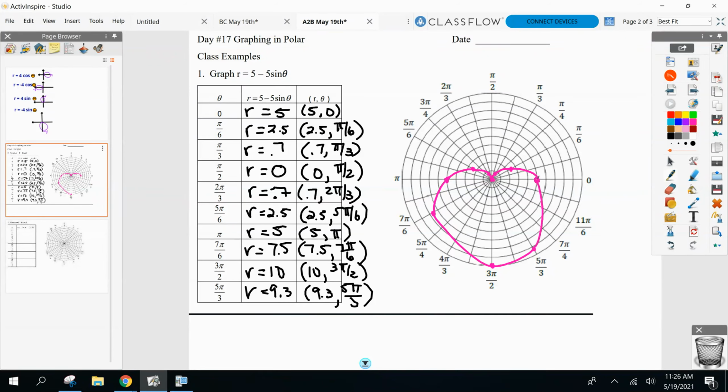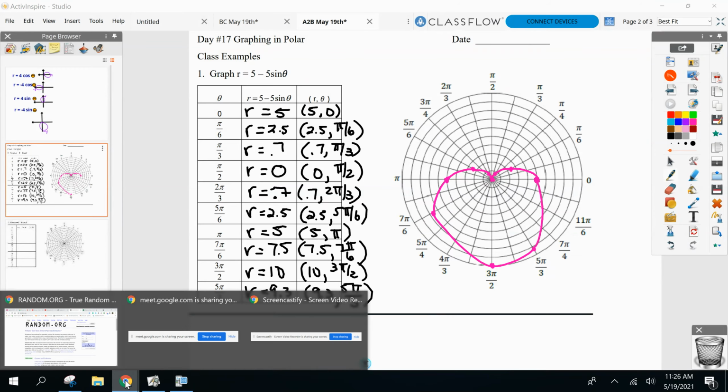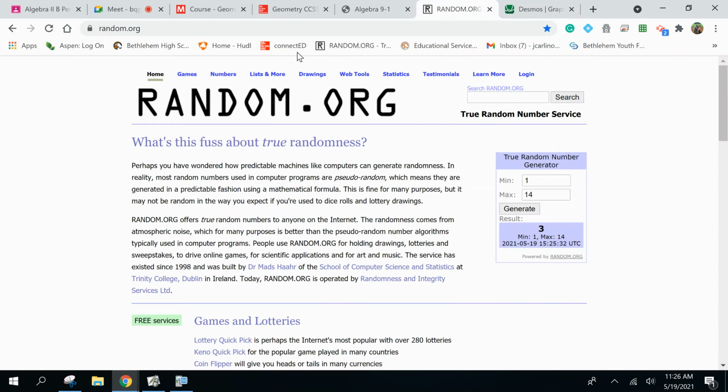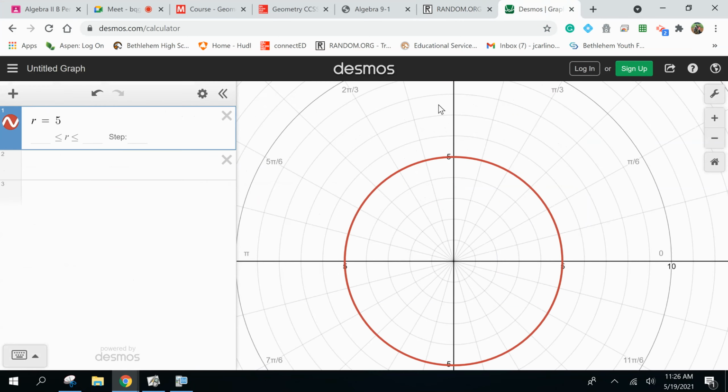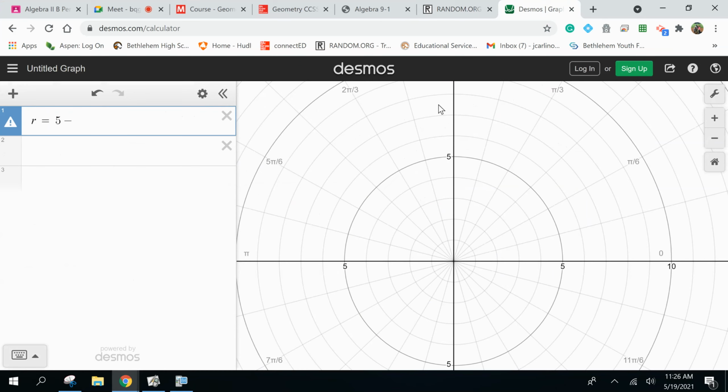And there it is. I probably didn't do that any justice, but I don't know. Did we do it right or not? Did I graph all the points right? I think I found them correctly in the calculator. 5 minus, R equals 5 minus 5 sine theta.